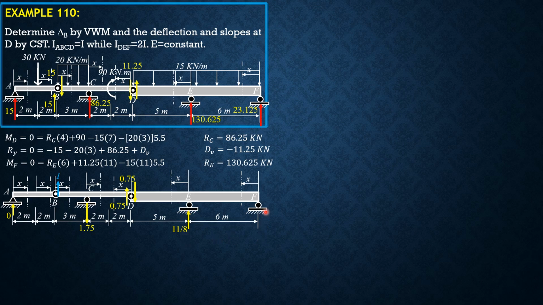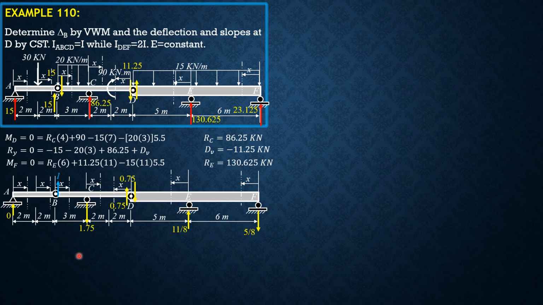And finally, you may sum up forces vertical to solve for reaction at F, and it is 5 over 8 downward. So 3/4 plus 11 over 8 minus 3/4 or 0.75 minus 5/8 equals 0. So those are the reactions due to this virtual force at B.